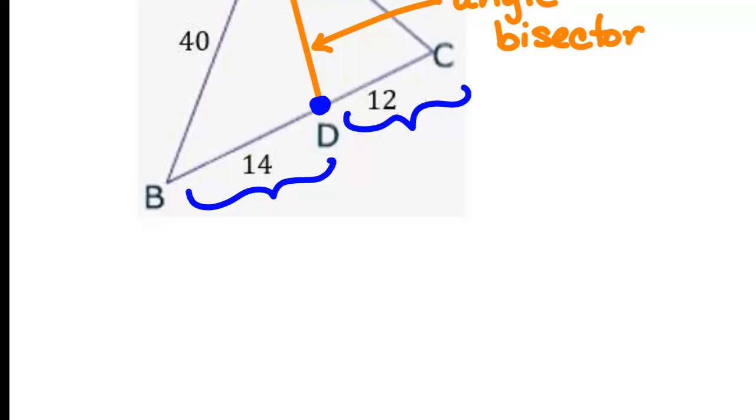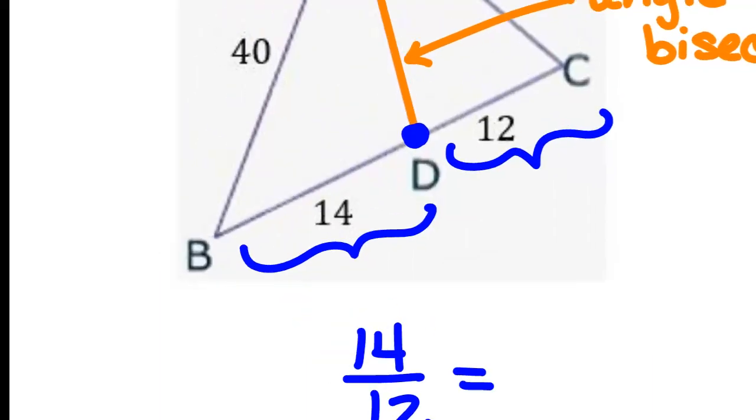So I need to set up a fraction with the 12 and the 14. Which one should go on top? 14, 12, we get to make this choice. 14 sounds good. 14 over 12. That is proportional to their adjacent sides.